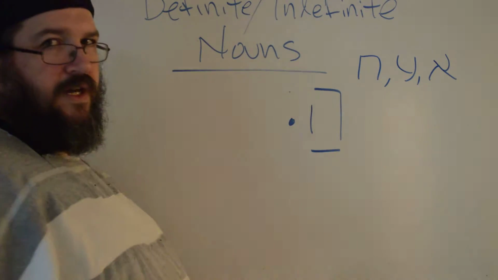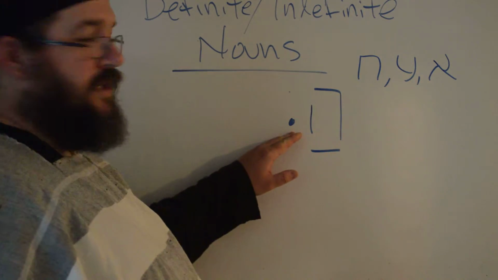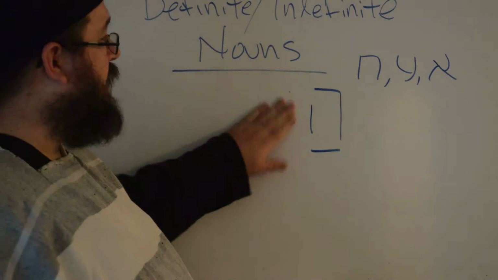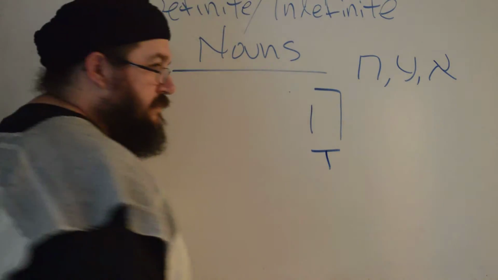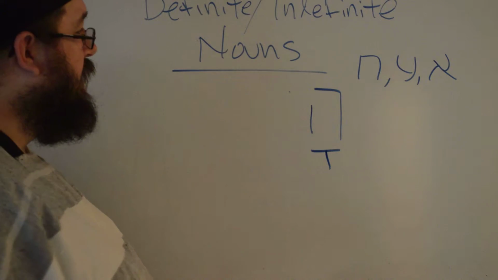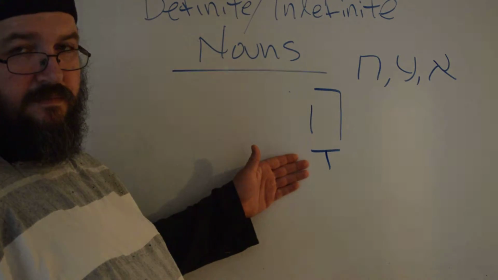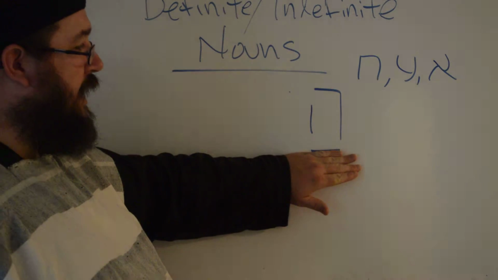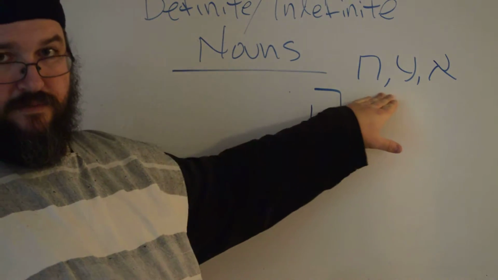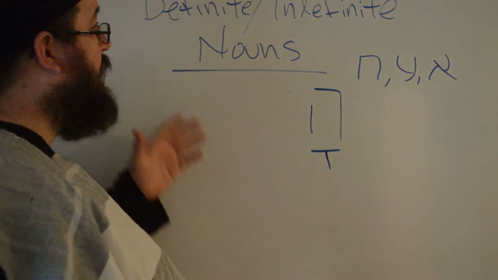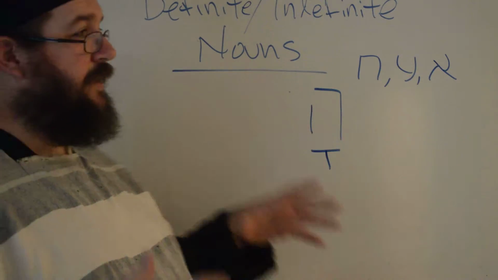If I find these gutturals after the hey, I'm not going to see the dot there. The dot's going to disappear, and the patah becomes a kamatz because of these little bad boys, alright? So these guys are going to force it to become the ha.